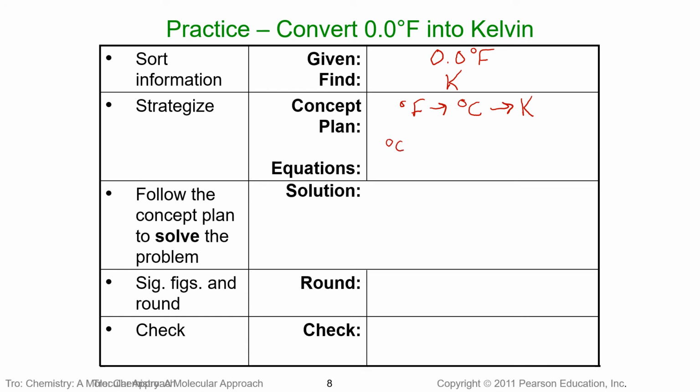We're going to need our degrees Celsius equation, and we're going to need our Kelvin equation: degrees Celsius plus 273.15. The very first thing we're going to do is substitute in our Fahrenheit.